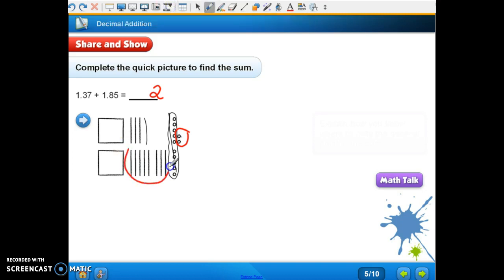So let's regroup 8, and we need to take 2 of the top. So we're going to cross that out, and we're going to give ourselves another 1. How many extra tenths do we have? 2. Put your decimal, and then how many wholes? 1, 2, 3. So your answer is 3 and 22 hundredths.